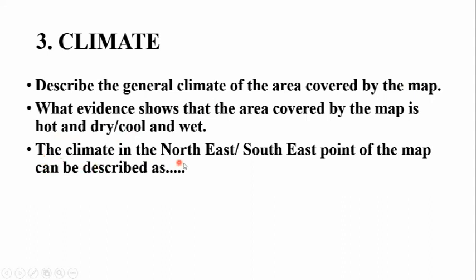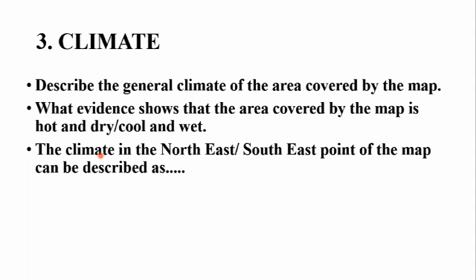So the climate in the northeast or southeast point of the map can be described as. That one is identifying the climate of a given part of the map. So basically there are two possible questions: climate of the whole area covered by the map, or climate of a certain part of the map.